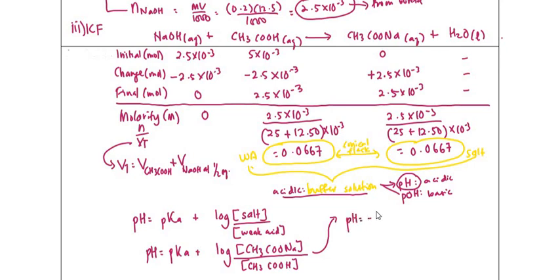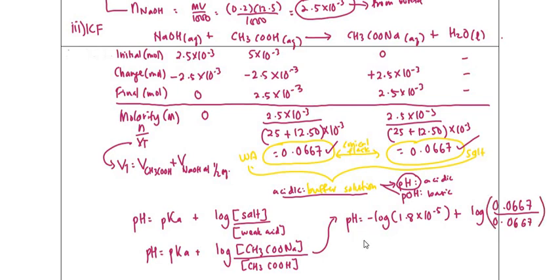Okay, then you substitute the value. pH equals to negative log Ka 1.8 eksponen negatif 5 plus log concentration salt, yang inilah kita ambil dari concentration salt 0.0667 over ini concentration weak acid 0.0667.